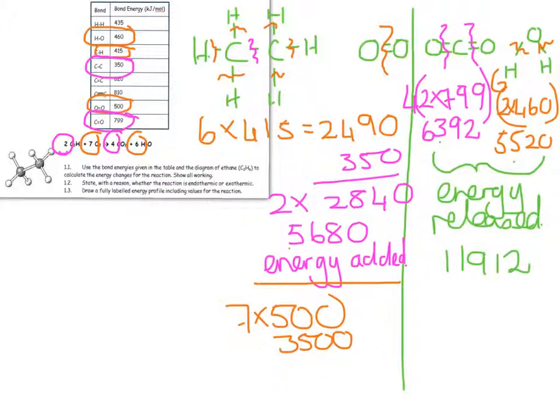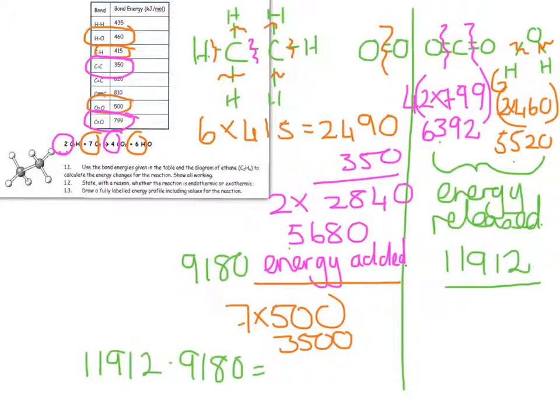I find that my total amount of energy that I had to put in was 9,180. Clearly, I have released more energy than I have put in. Subtract the two from one another. 11,912 minus 9,180 is going to be equal to 2,732 kilojoules released.